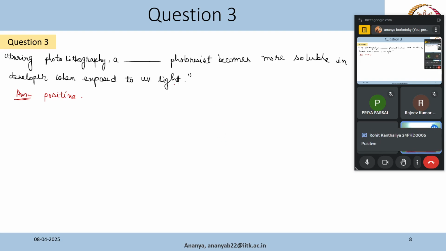With exposure, either the chains break, which is what happens in positive photoresist, or in the case of negative photoresist there will be cross linking, so the bonding becomes stronger and the chains cross link with each other. That's how negative photoresist becomes hard.